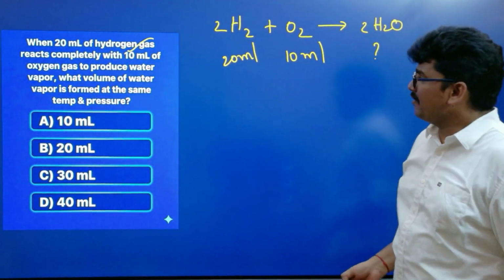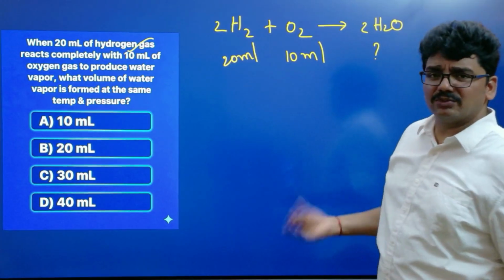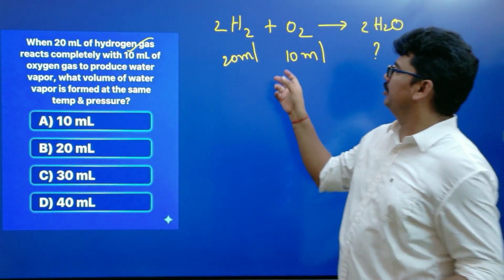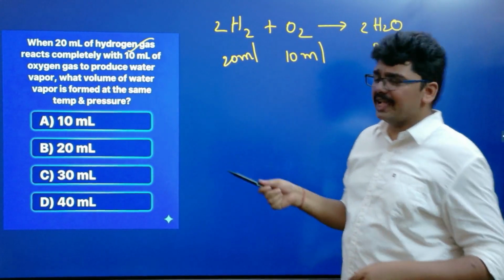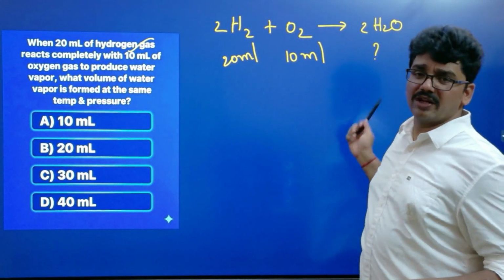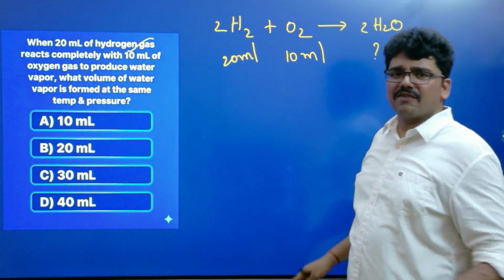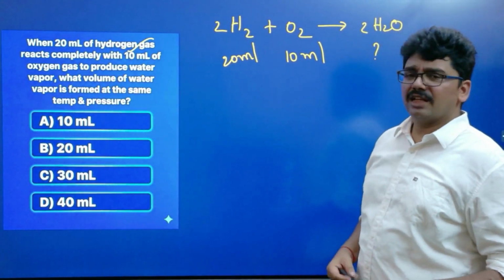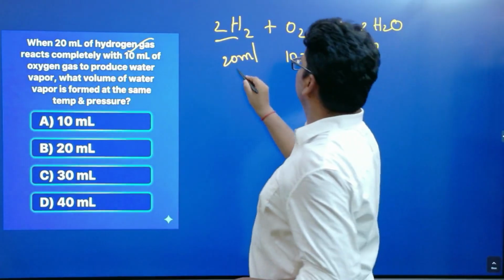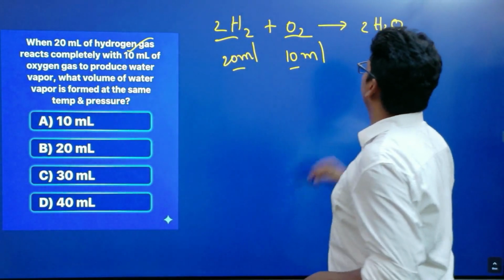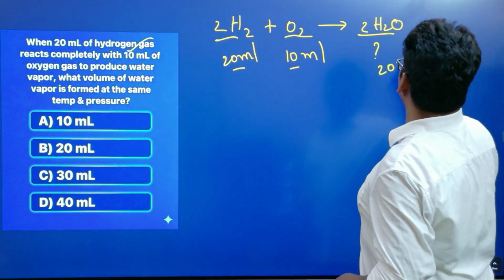This is not the law of conservation of mass. The law of conservation of mass means the total mass of reactants before the reaction is equal to the total mass of products after the reaction. So this is Gay-Lussac's law of combining volumes. Here 2 moles is 20 ml, 1 mole is 10 ml.